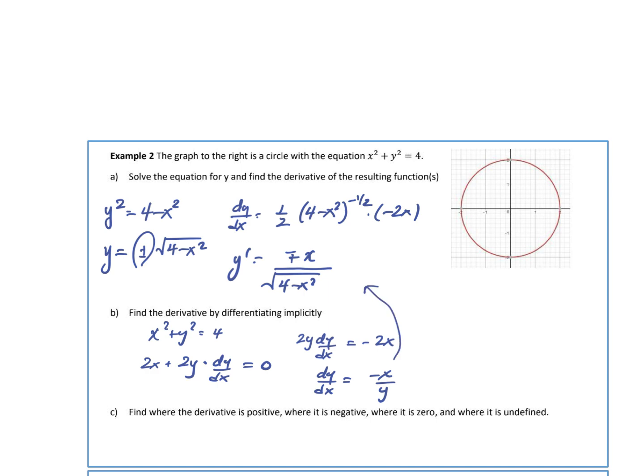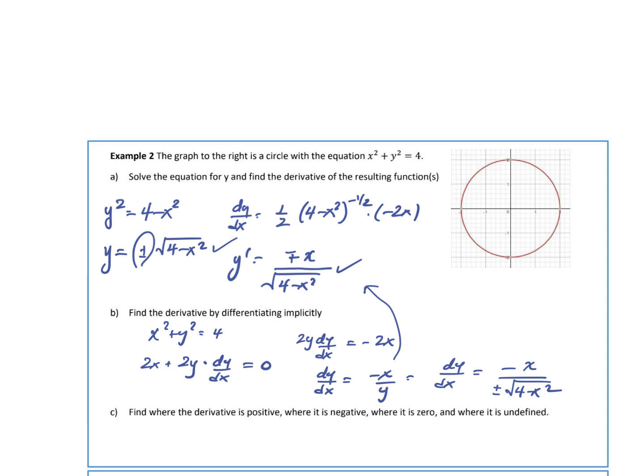Fine, okay. But how is this the same as this? Well, we can always plug back in. We know that dy dx is equal to negative x over y. In this case, y would be equal to, let's use this one, plus or minus the square root of 4 minus x squared, which is what we got up here.